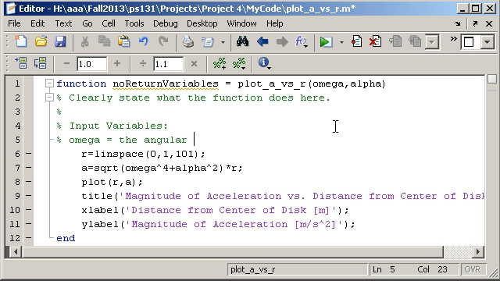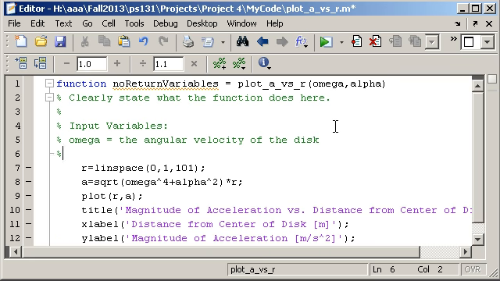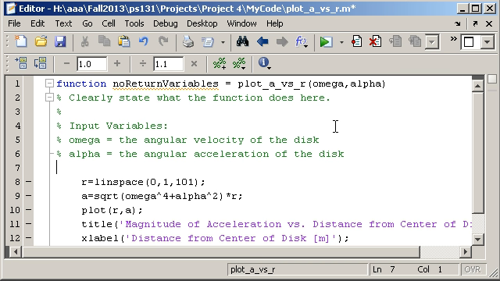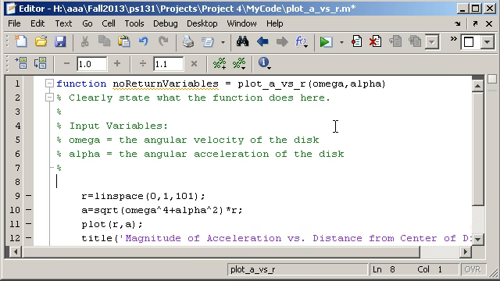angular velocity of the disk, and alpha, the angular acceleration of the disk. Percent output variables.